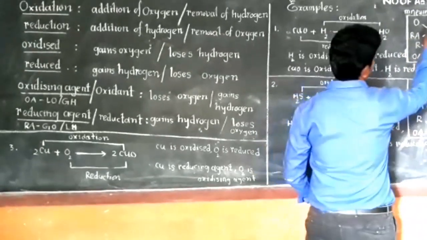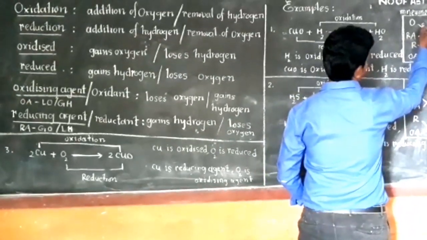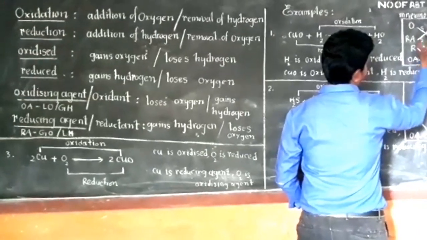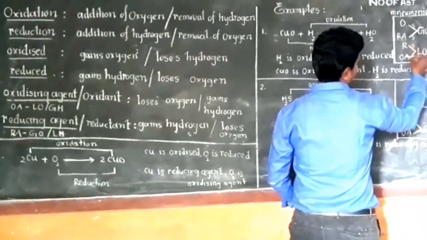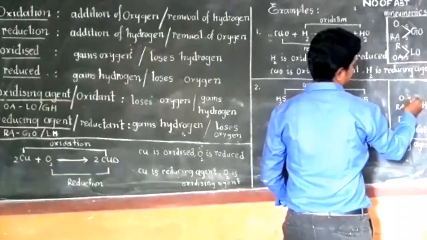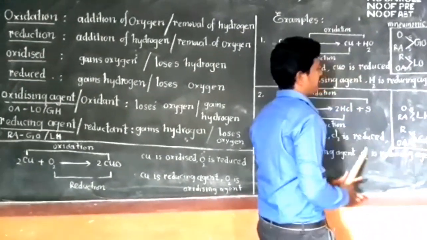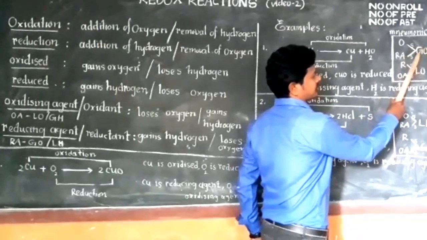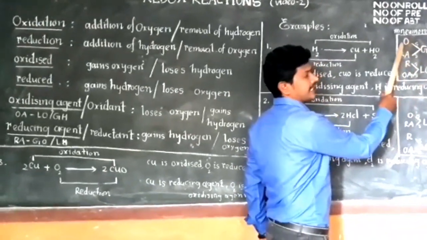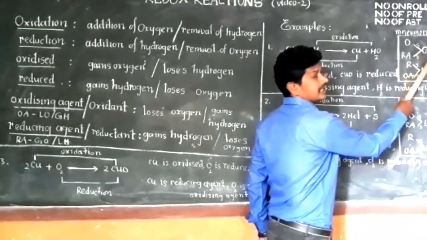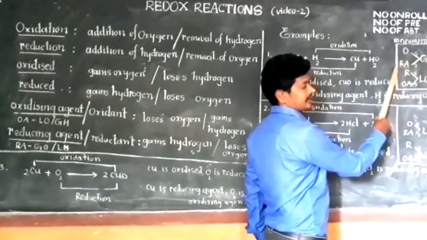Here S is the substance. A substance which gains oxygen is said to be oxidized. A substance which gains oxygen is said to be reducing agent.